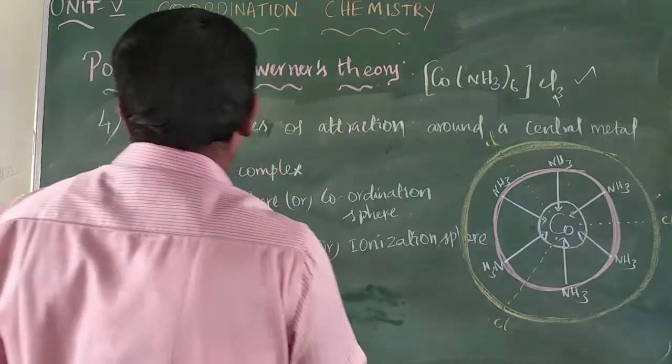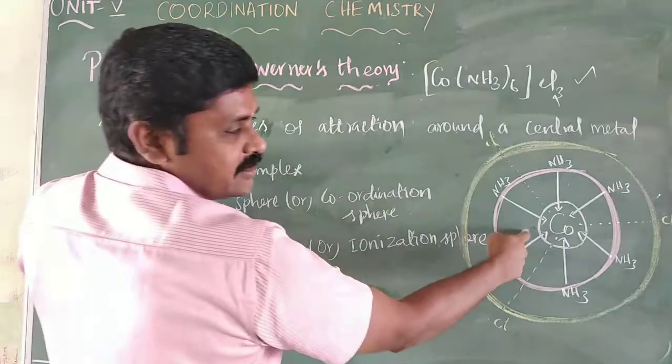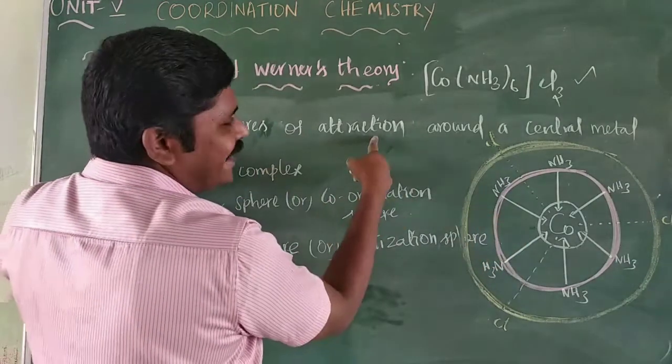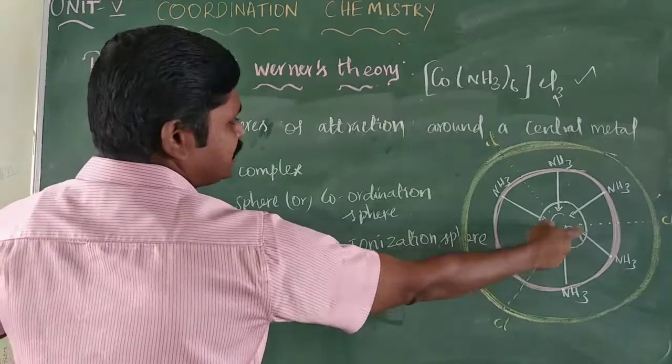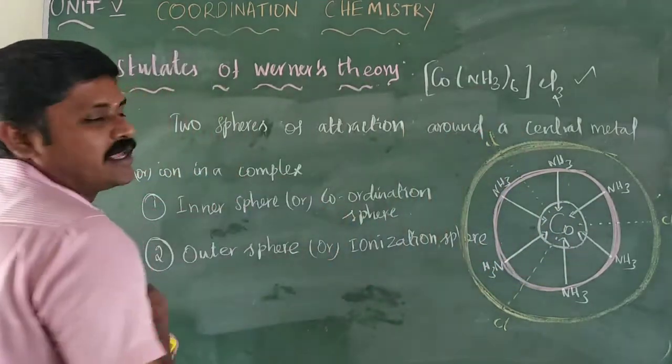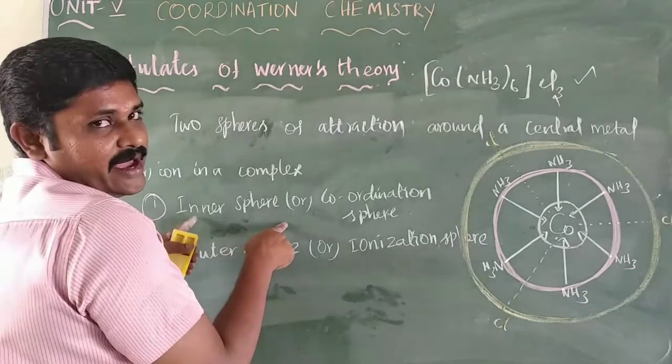According to Werner's, there are two spheres of attraction around a central metal atom or ion in the complex, namely the inner sphere and the outer sphere.